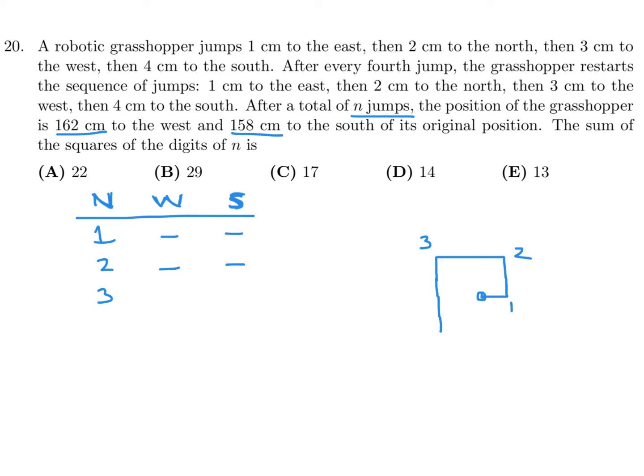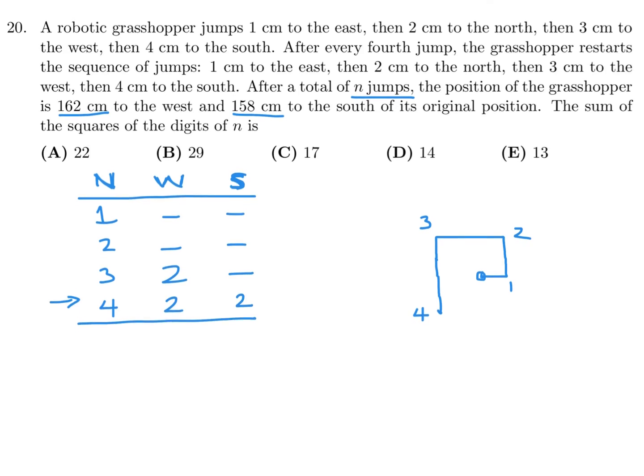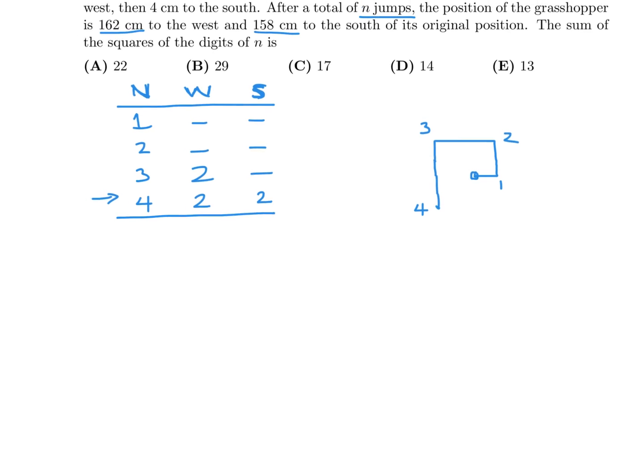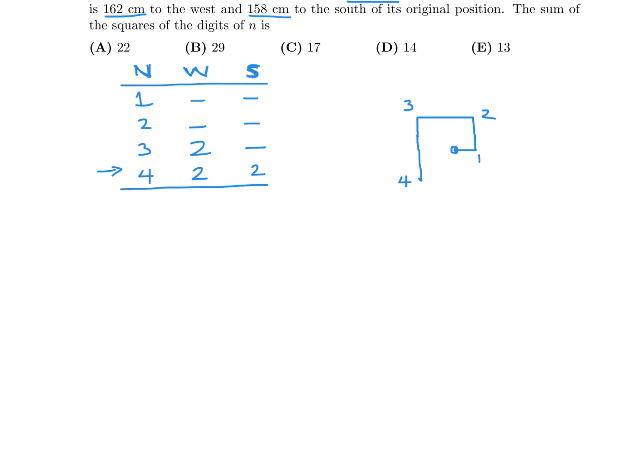We are 2 west, but we're still not south. Now the fourth move ends up here, and we are 2 to the west and 2 to the south, I believe. I'm not trying to make this confusing, just slowly piecing this together. My hope is that the pattern will come pretty quickly because we don't want to go on forever.